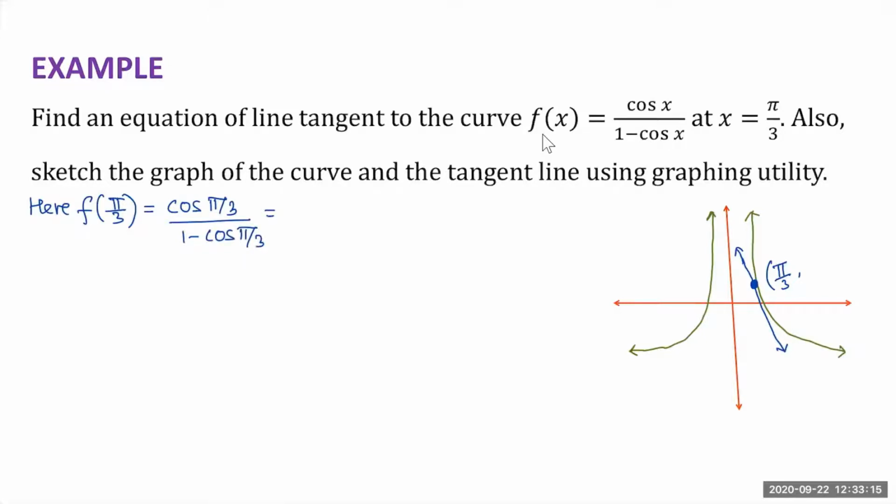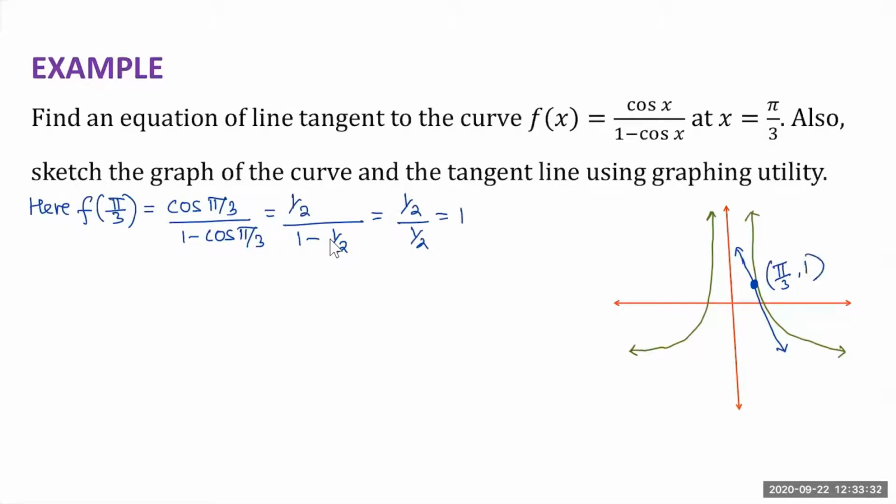Cosine pi over 3, if you remember from your trig class, is half. And 1 minus cosine pi over 3, using the unit circle, is half. So half divided by 1 minus half, that's also half, which is equal to 1.